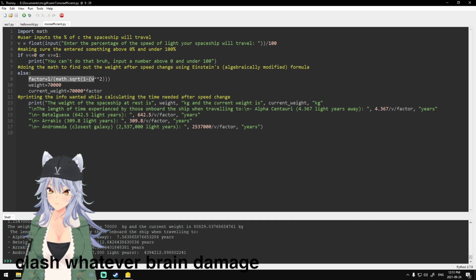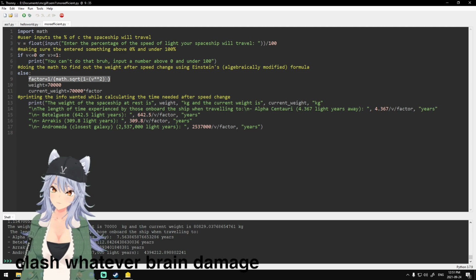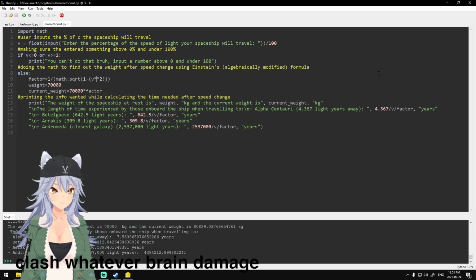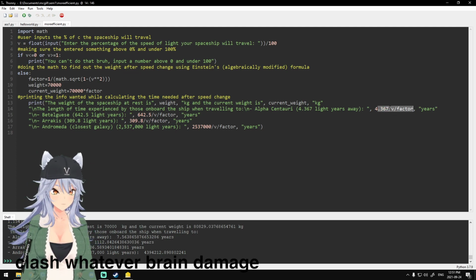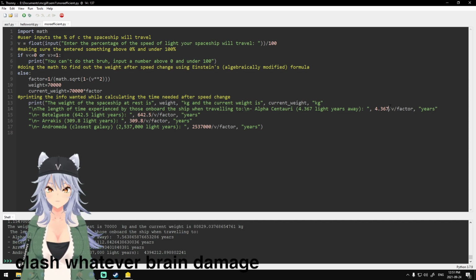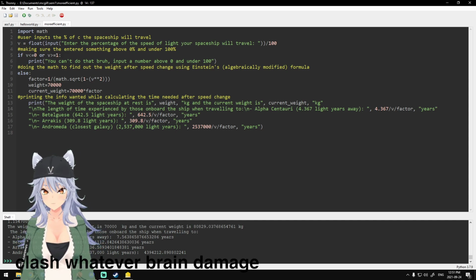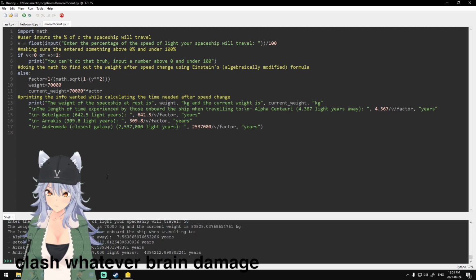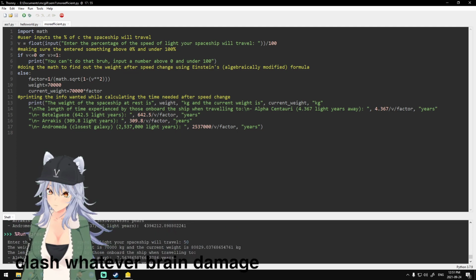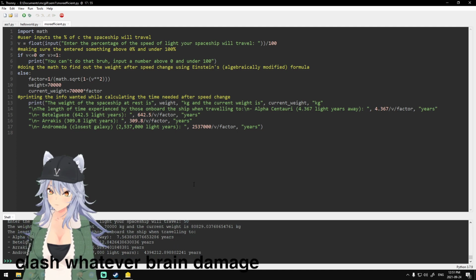So in Einstein's formula, we can remove the c and just have v squared. And over here we don't need to multiply by c anymore because it's already in units of light years. And it gives the same answers too. Look at that, 50%. Same answers here, and it's the same factor.